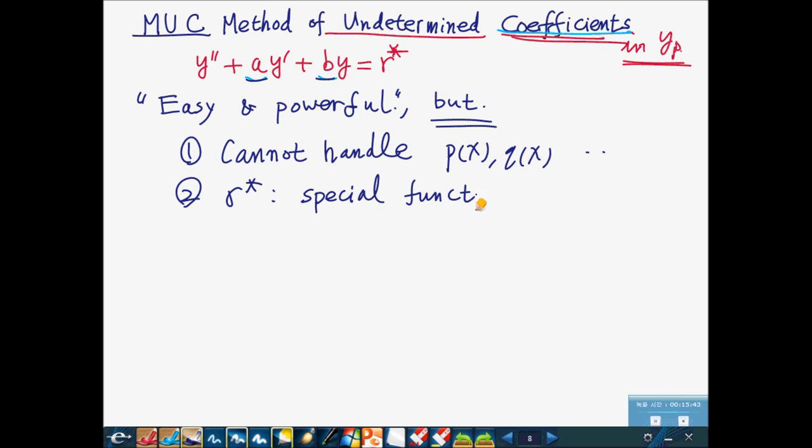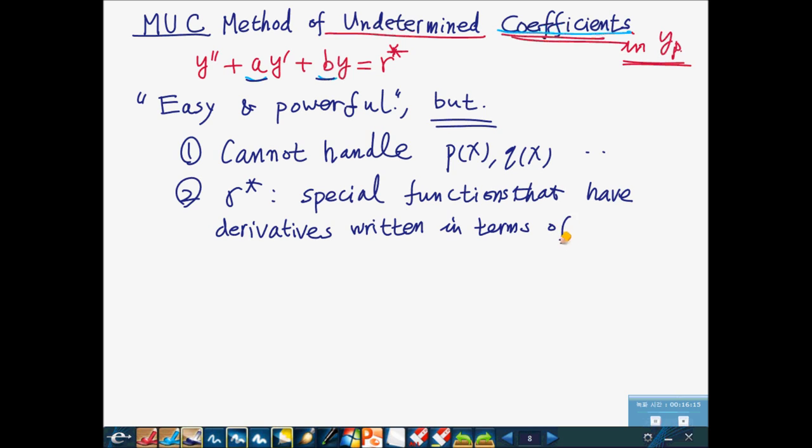Special functions are functions that have derivatives written in terms of a finite number of other functions.